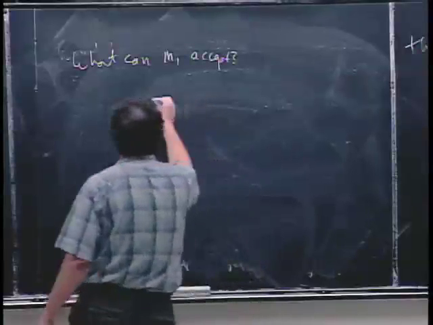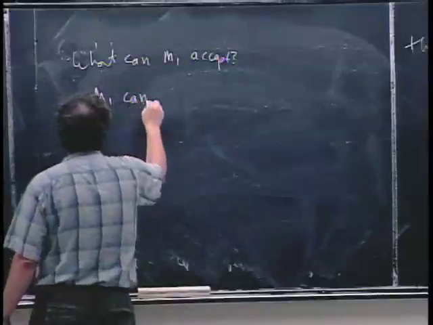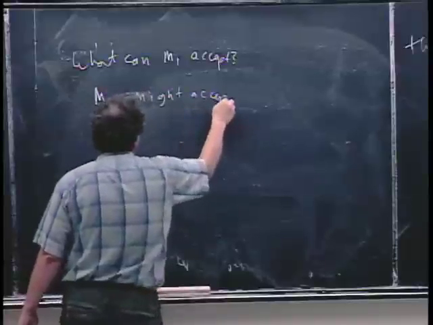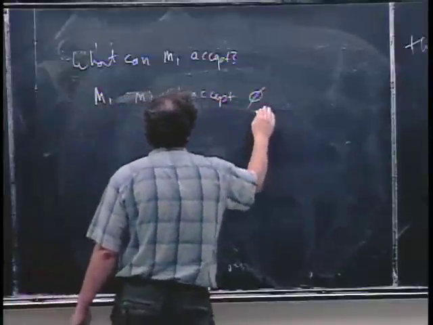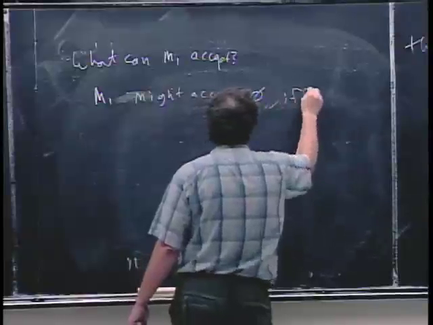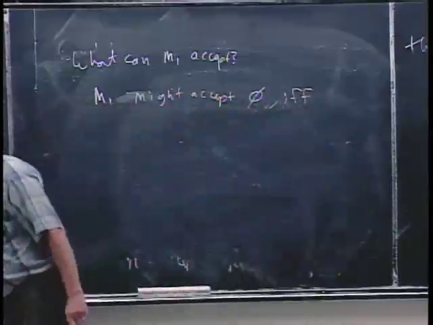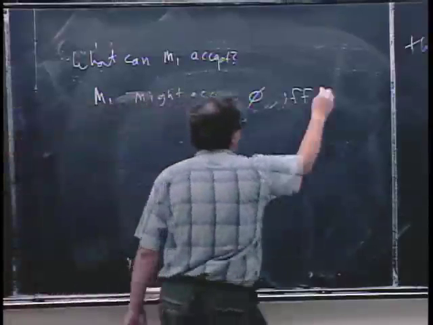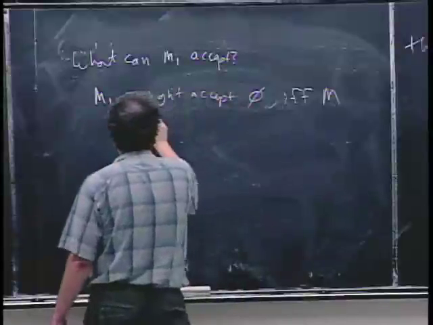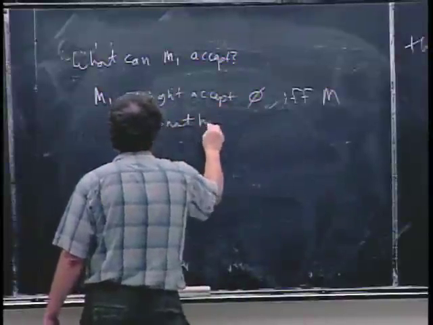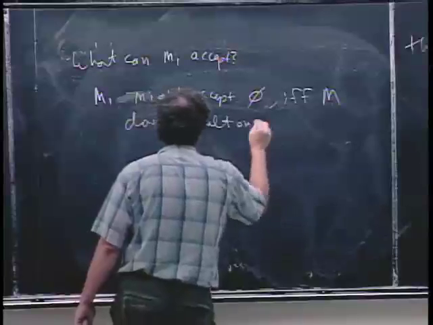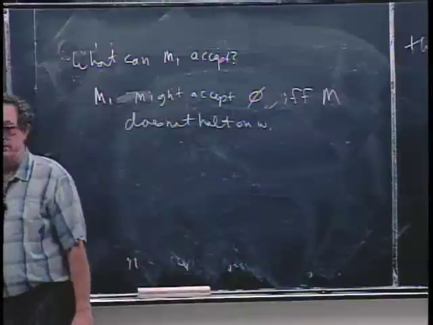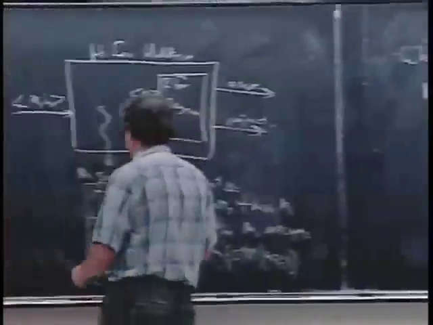Yeah. So M1 might accept the empty language, and that's if and only if M does not halt on W. If M doesn't halt on W, then it doesn't accept anything.